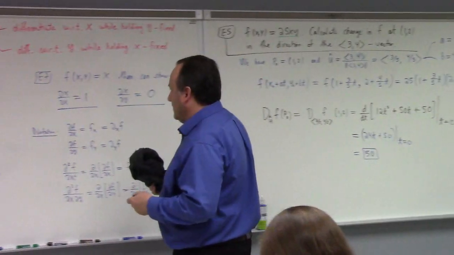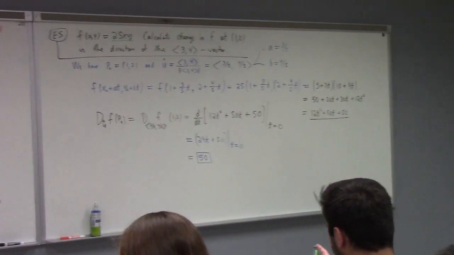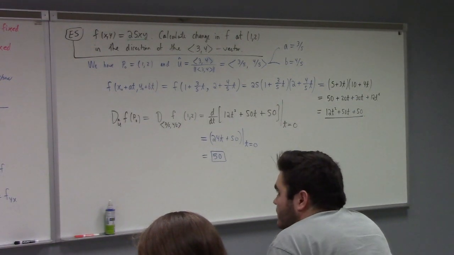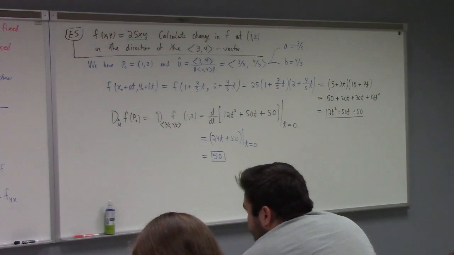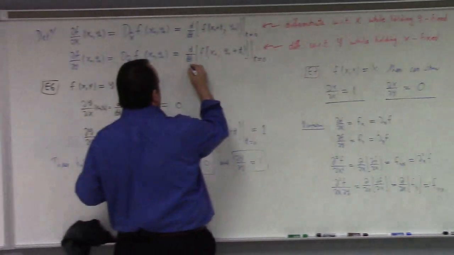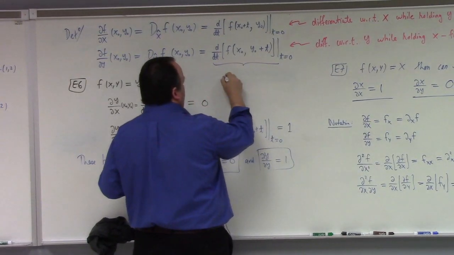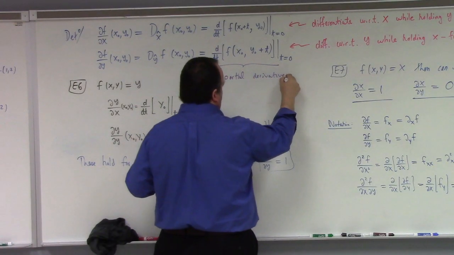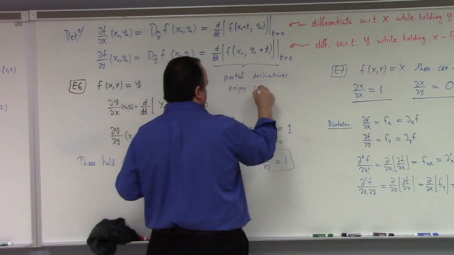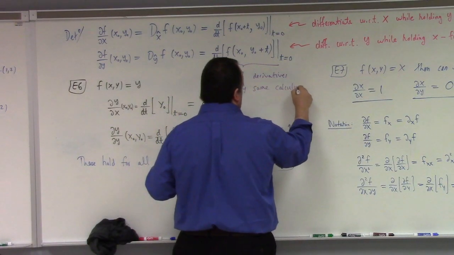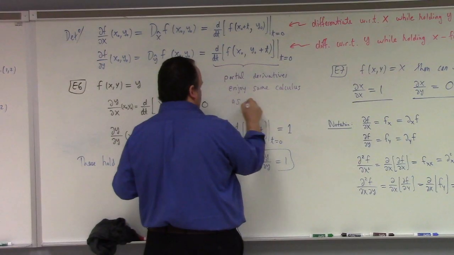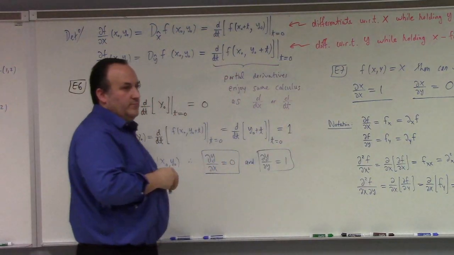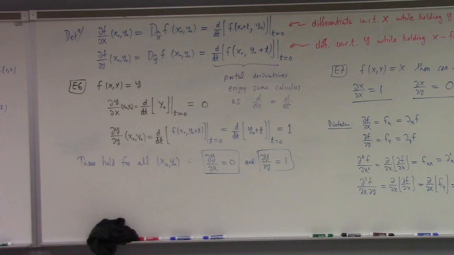So what are the properties of the partial derivative? I don't want to prove those today. I'll prove some of those tomorrow perhaps. But it should be somewhat evident from the definition that the partial derivatives enjoy the same calculus as d/dx, or d/dt, with the wrinkle that we have to hold the other variable constant.